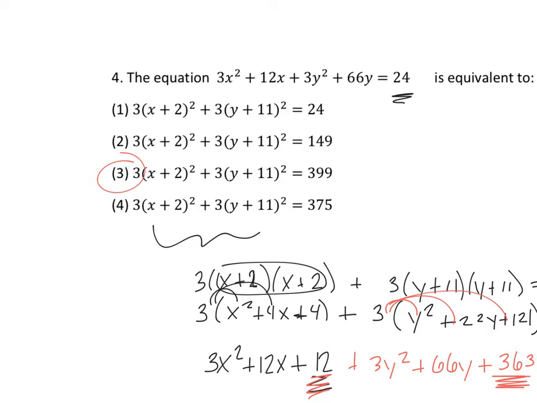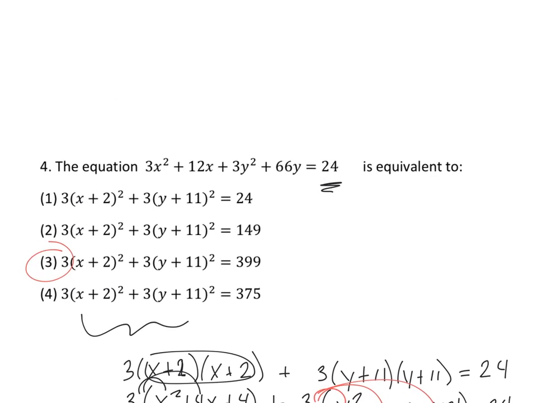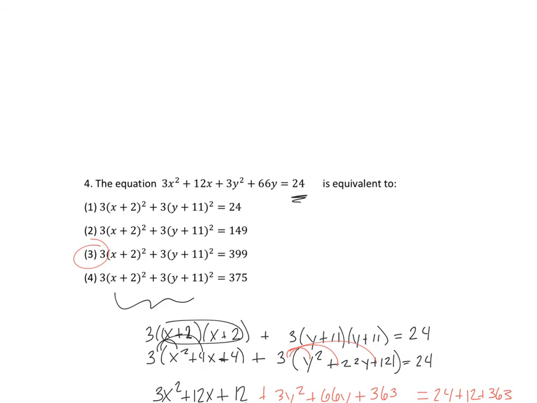Now, the second way to do this problem is to complete the square. The reason why you can complete the square with this is if you look at the choices, you should see that they have these x plus 2 and y plus 11 all squared. So theoretically, this is 3 times x plus 2 times x plus 2 plus 3 times y plus 11 times y plus 11.